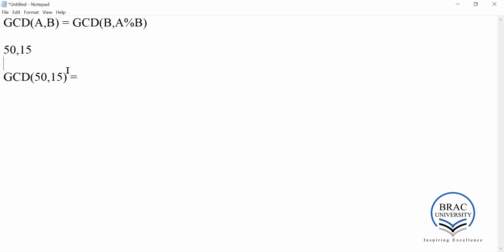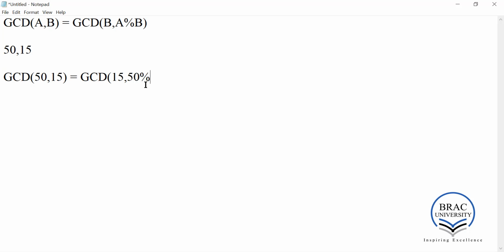You have to write GCD of 50, 15 equals GCD of, what is the B for your number? 15, right? And for this part, you have to write A mod B, just like A is 50 and 15 is B. So A mod B, what will be the result for A mod B?